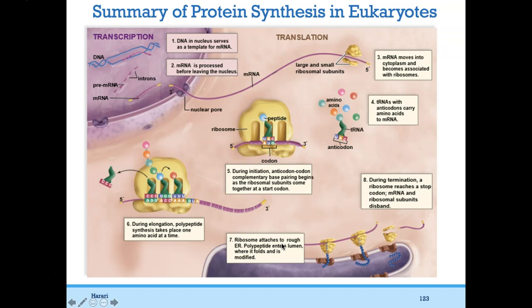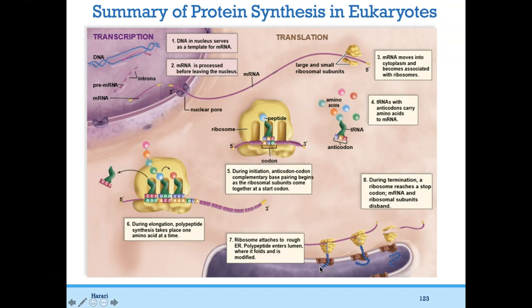The ribosomes will attach to the rough endoplasmic reticulum if needed, as part of the endomembrane system. This is a part that I didn't show you yet, but as this ribosome is making these proteins, some of the ribosomes will join and associate with the rough endoplasmic reticulum, and these proteins will be snaked through into the endoplasmic reticulum, and that's where it's going to fold and be modified into its final shape.